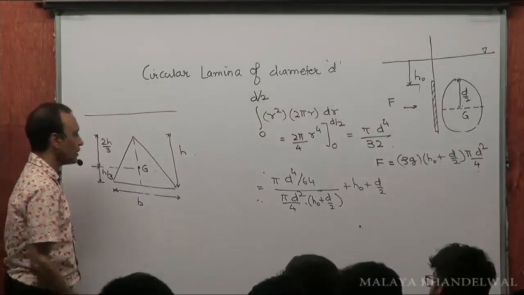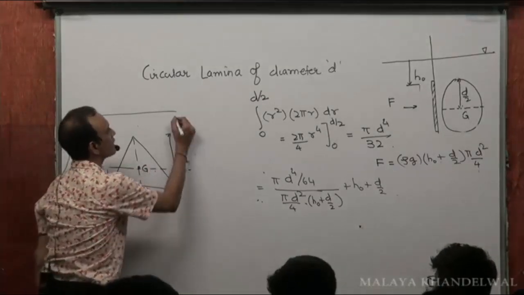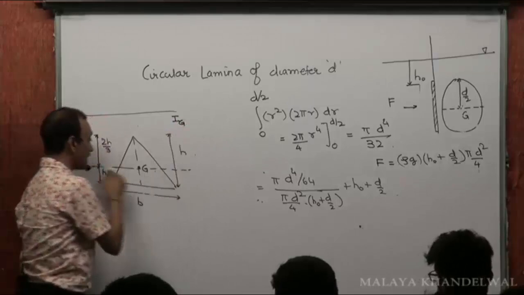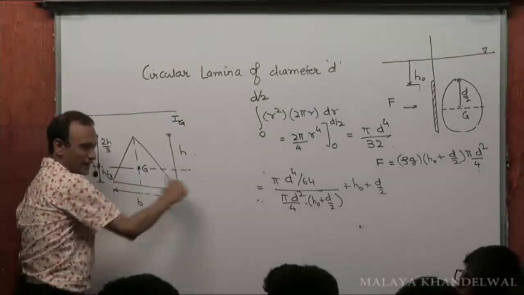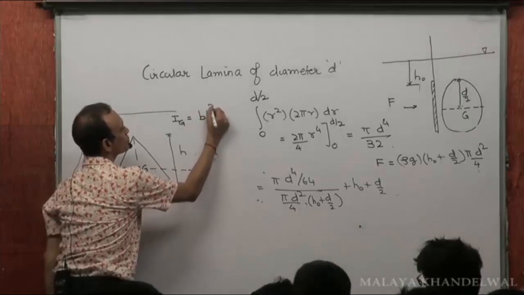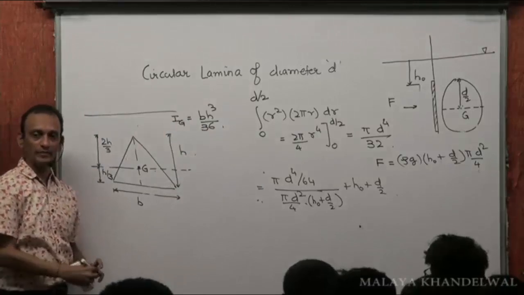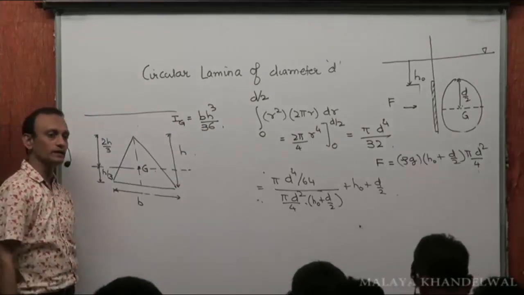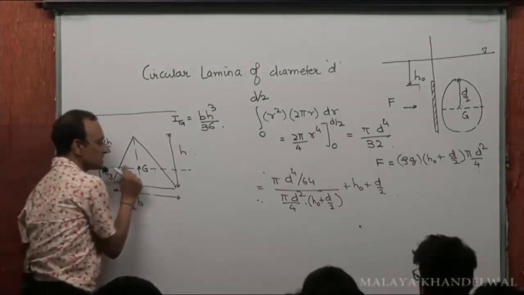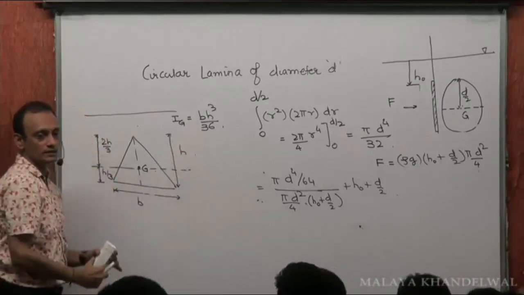And I about G, this is I about an axis passing through G but parallel to the base B, let me tell you, is going to be B H cube by 36. You may want to remember this result.